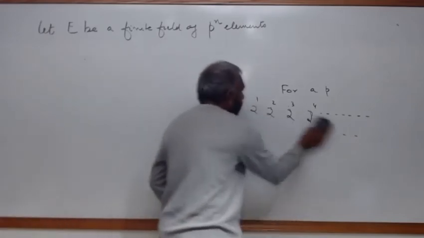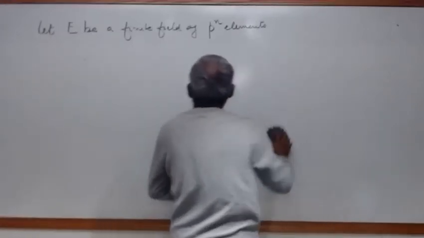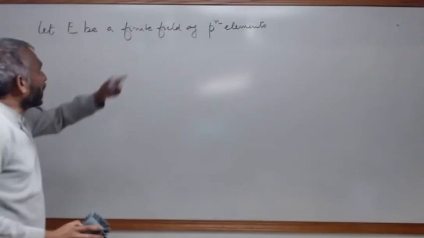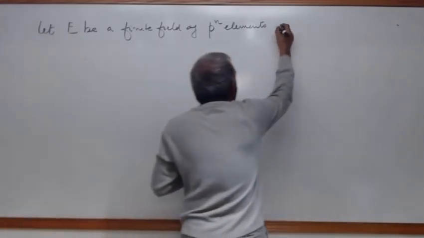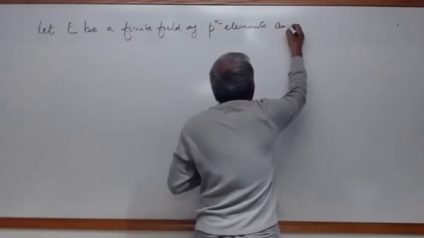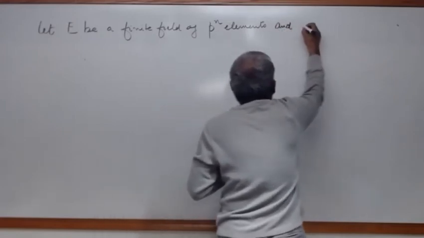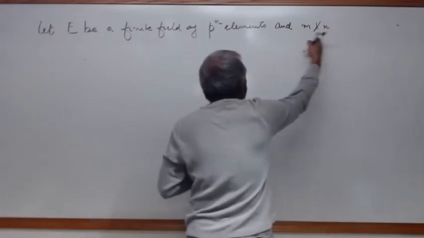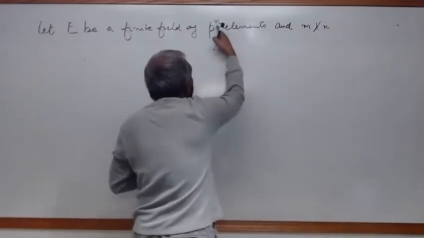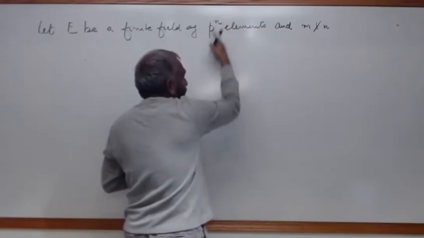So let E be a finite field of p^n elements, and m divides n, meaning m is a factor of n.